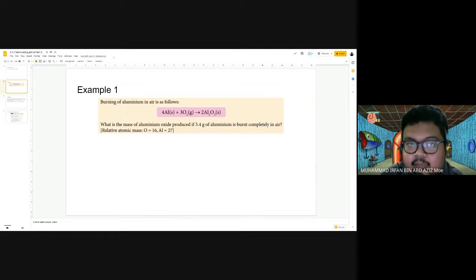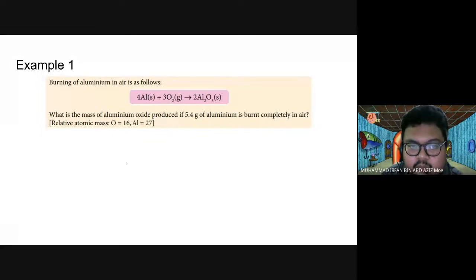Kalau tengok dekat sini, okay, sekejap cikgu please share. Dalam questions ni, dia cakap burning of aluminium in air is as follows. Dia bagi that chemical equations. Kita tengok 4Al ni, solid, plus oxygen in gas, you will get aluminium oxide in solid.